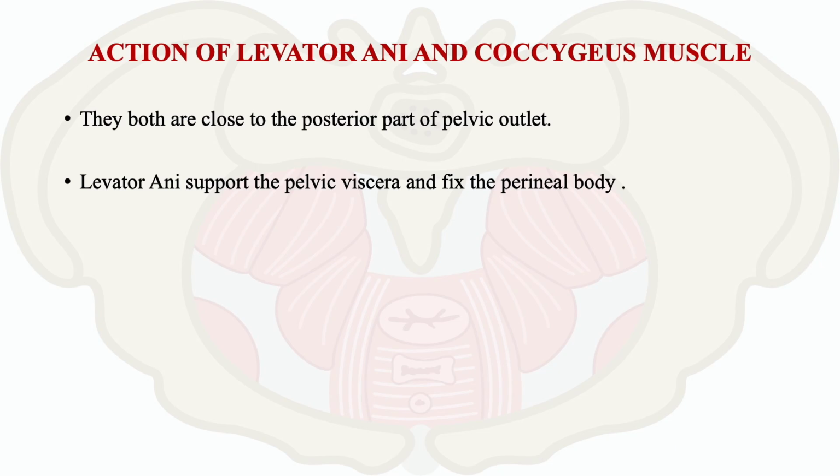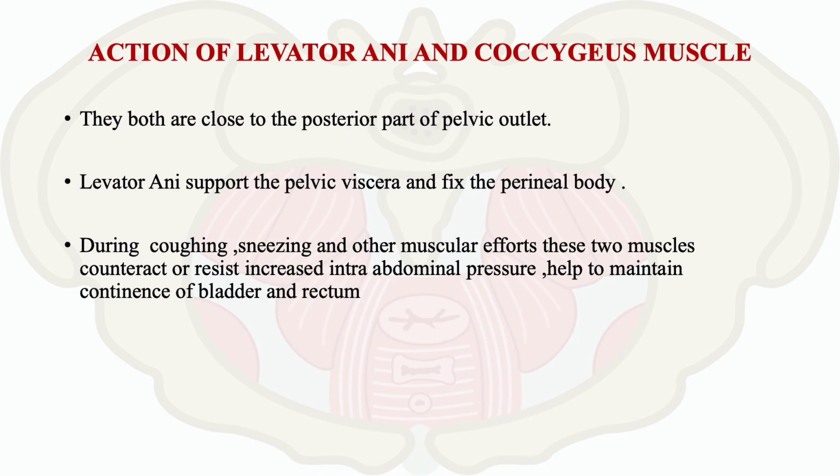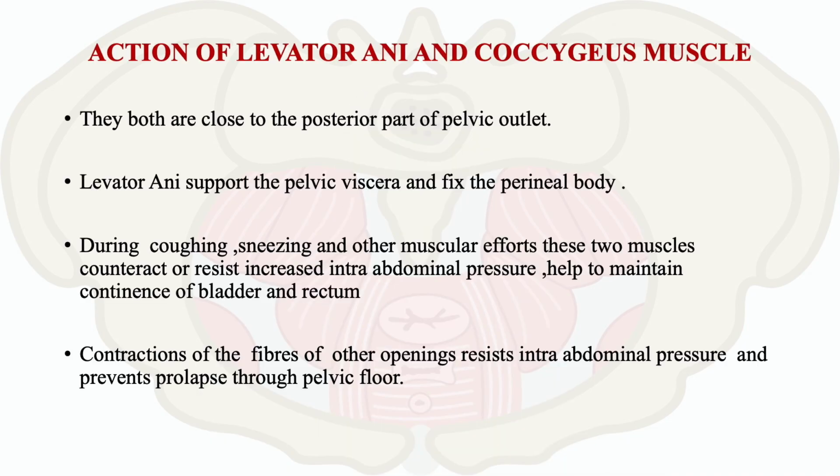Now in the pelvic floor, levator ani muscles play a very, very important role. The levator ani fix the perineal body and support the pelvic viscera. During coughing, sneezing, lifting, and other muscular effort, the levator ani and the coccygeal muscles counteract or resist the increased intra-abdominal pressure and help to maintain continence of the bladder and the rectum.